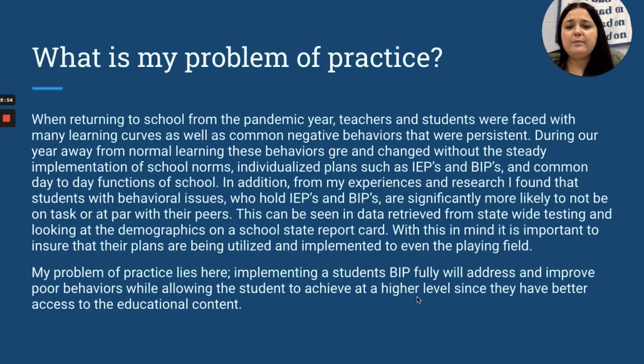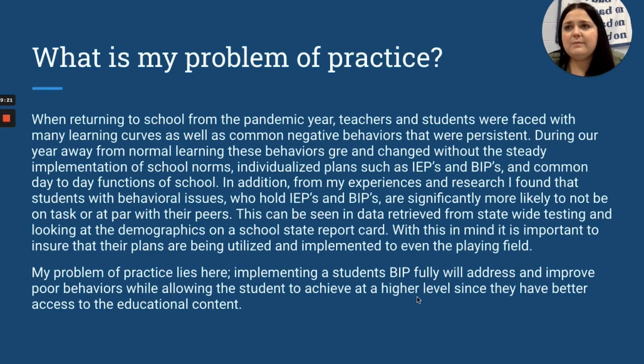So for my problem of practice, I'm working on implementing a student's behavior intervention plan fully, and how to address and improve poor behaviors while allowing a student to achieve at a higher level, making sure they have access to that educational content. With this, I looked at our school report cards and my school-specific testing data, and really looked at how the IEP kids were scoring lower.